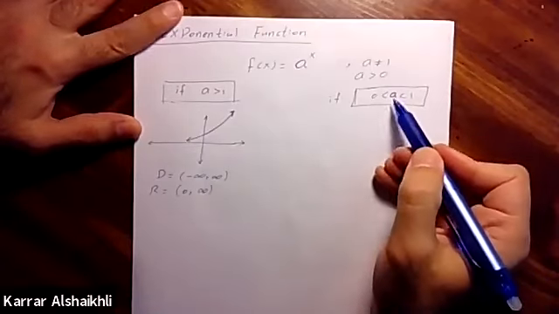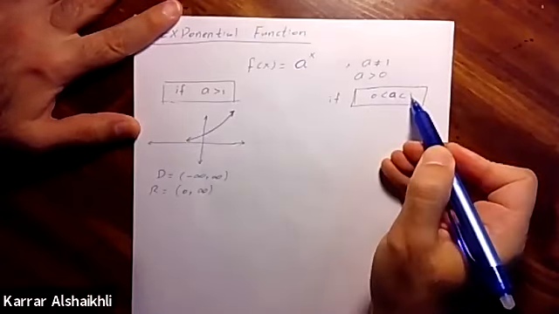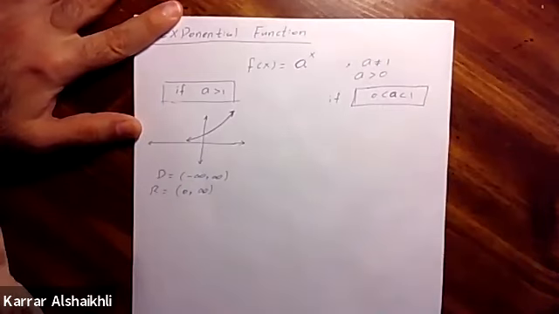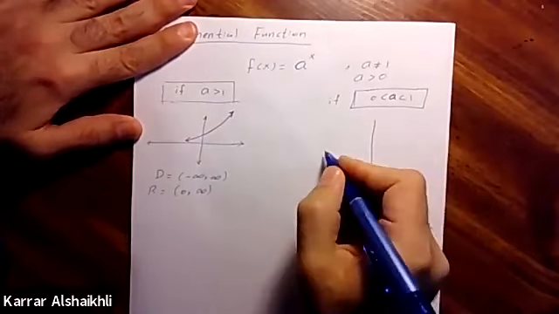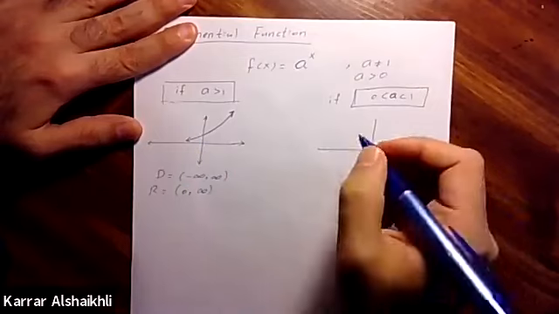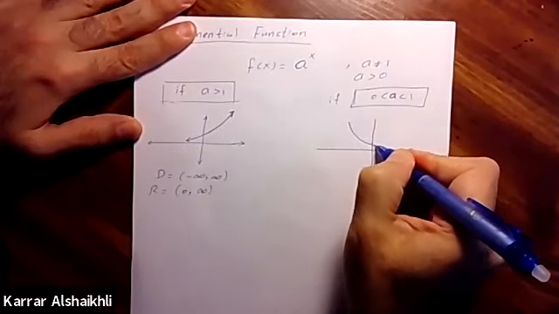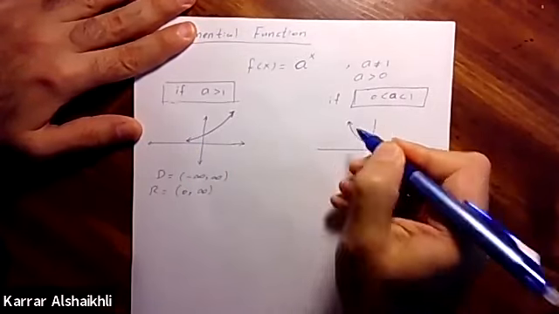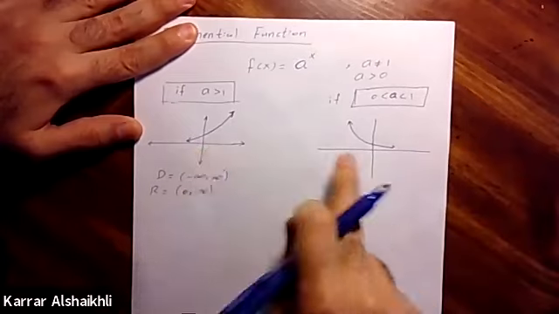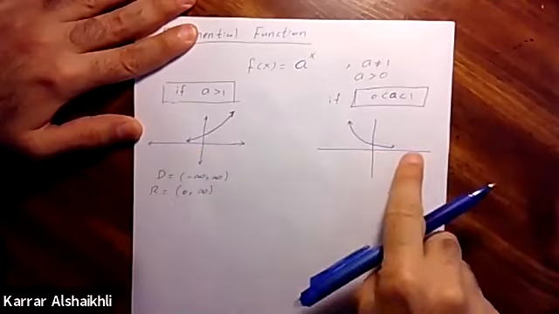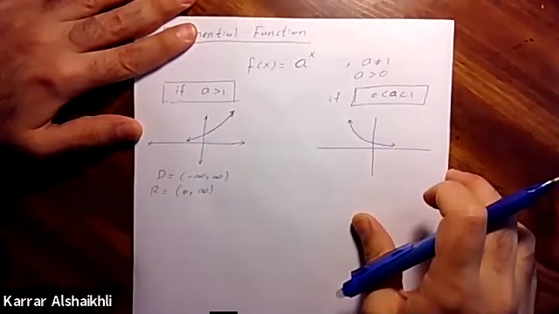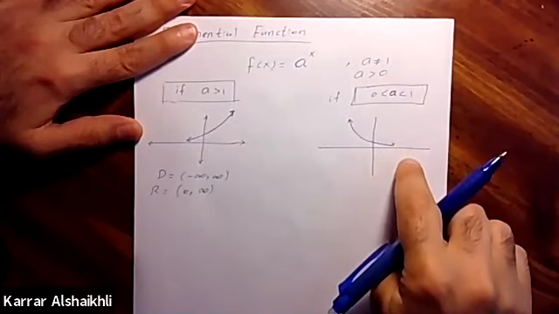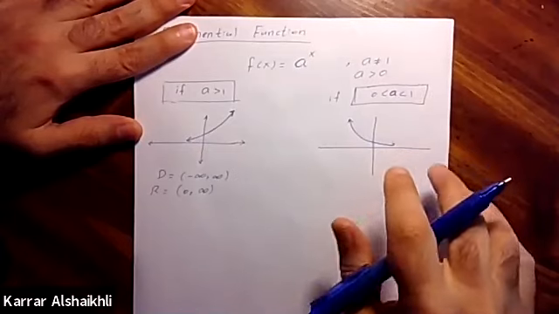Now, the second condition, if a is between 0 and 1, that means a decimal number. The graph is going to be the opposite of this one. It's going to be a line like this. And if you see this line on both sides, it's not going to cross the x-axis because we can't get a negative number for the y value, it's always positive.